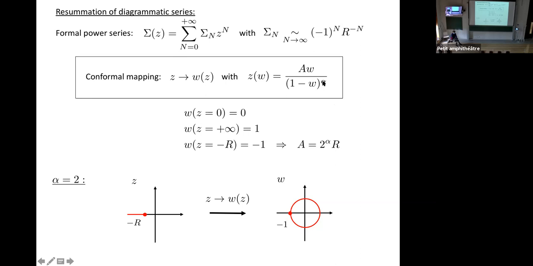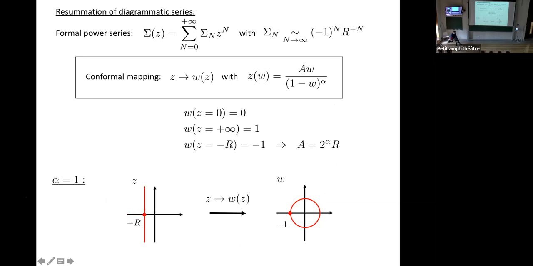And this alpha will determine how much of the complex z plane will be mapped into the unit disk. So for example, if we take alpha equal to 2, then we have this cut, the red line here, which will be mapped onto the unit disk, and the whole complex plane will be mapped inside the unit disk.